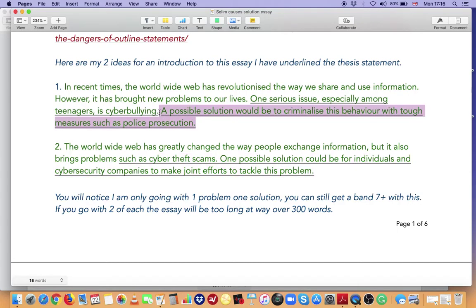So there's 2 versions of the introduction, and you can see it's very short and to the point and very concise. And you'll notice I'm going with only 1 problem and 1 solution in my model answer. You can still get a band 7 with just 1 problem, 1 solution, as long as it's well explained and well developed.